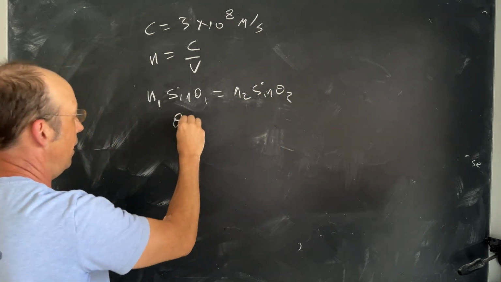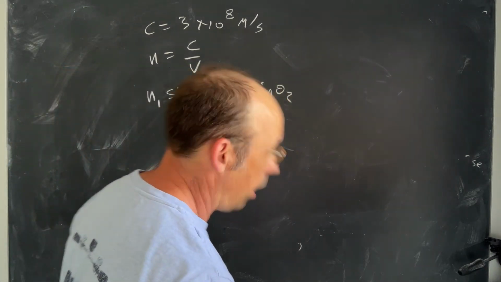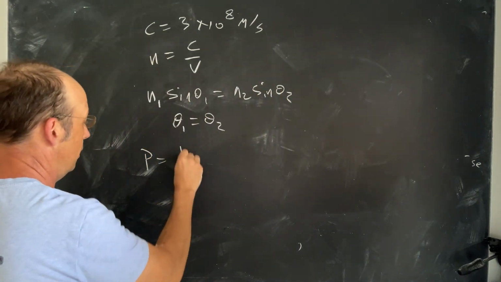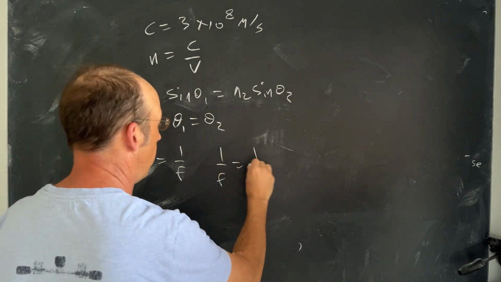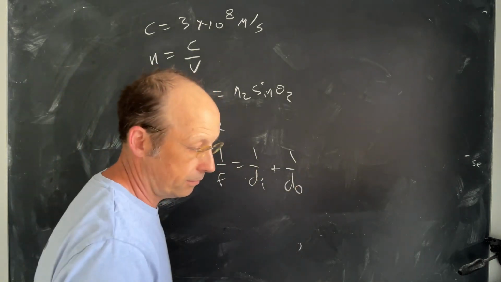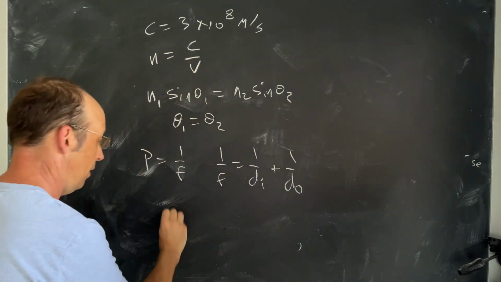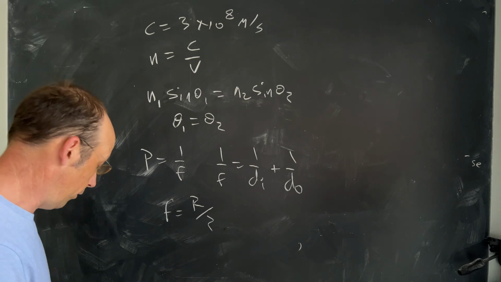I guess you could say the law of reflection. Power, which is new to me. And then we have 1 over the focal length is 1 over the image distance plus 1 over the object distance. And then this, f equals R over 2. That's the focal length for spherical mirrors.